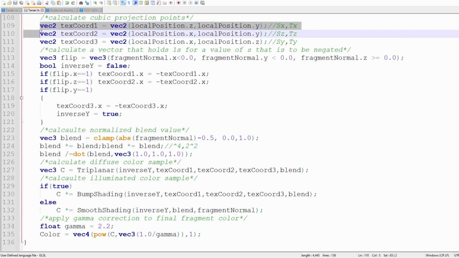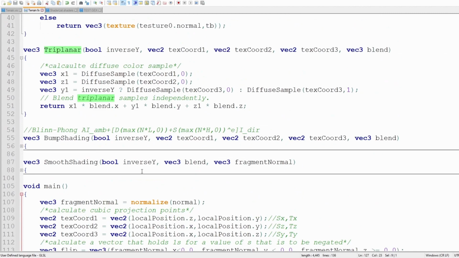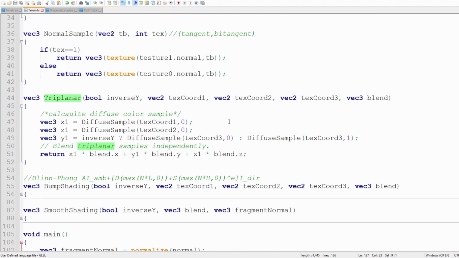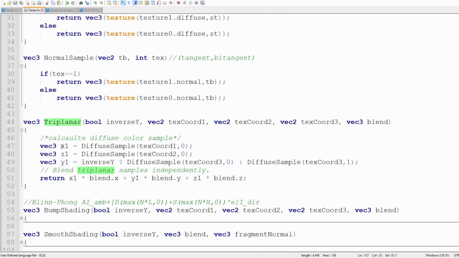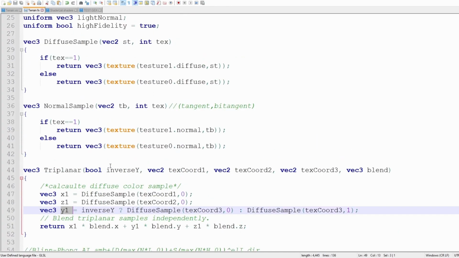So now that we have the three texture coordinates and our blend weights, we will go ahead and use these to calculate the actual triplanar projected texture color sample. And to do that, we are going to take three color samples, one on the X, one on the Z, one on the Y. And this diffuse sample just simply switches on the 0 or the 1.